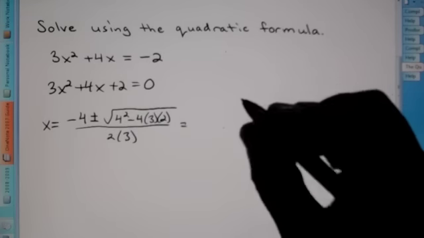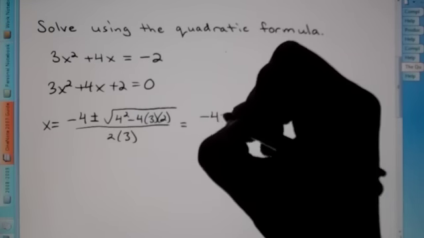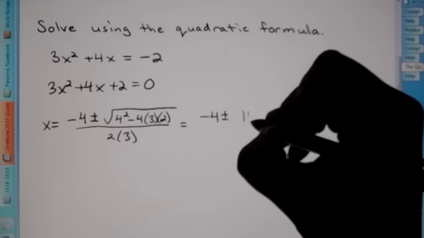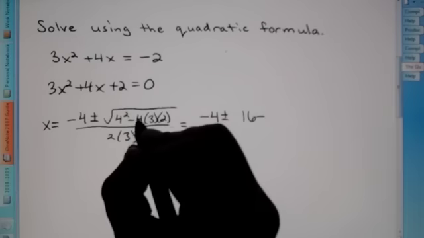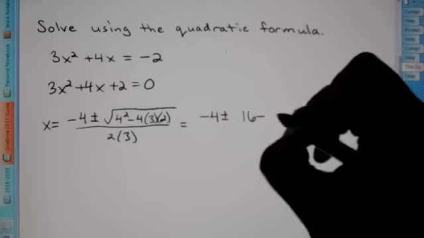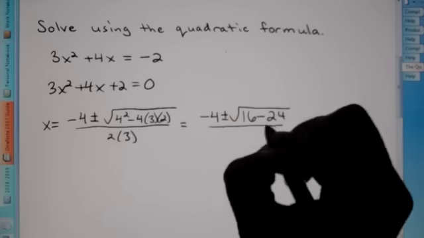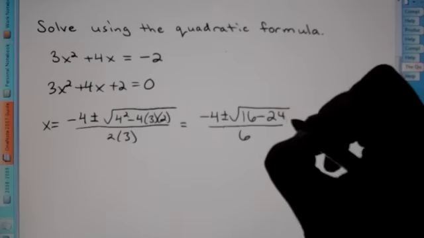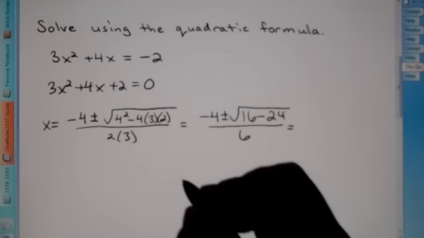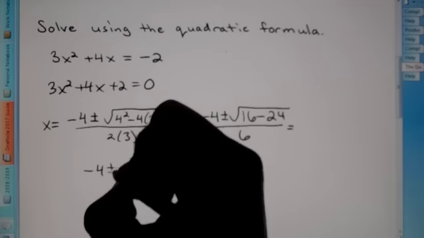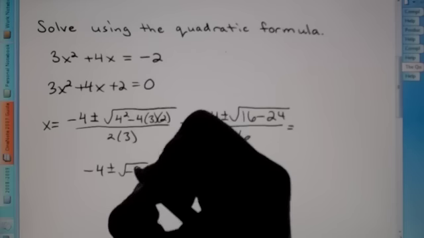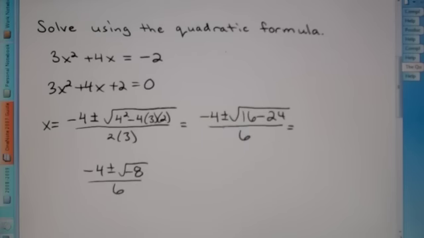So if we were to clean this up a little bit, we get negative 4, plus or minus, we have 16 minus 4 times 3 is 12, 12 times 2 is 24, and that's going to be over 6. Well, 16 minus 24 is actually a negative 8. So plus or minus the square root of negative 8 over 6.